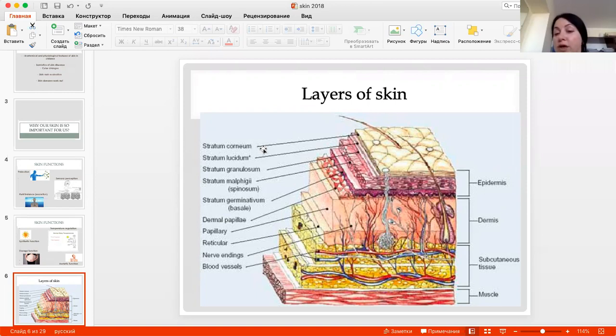Why are we talking about it? Because each stratum performs different functions, and these functions are different in children of different age. And we should not forget about the basal membrane, the membrane between the epidermis and dermis, which is a very important barrier for substances to penetrate into the deep skin layers.